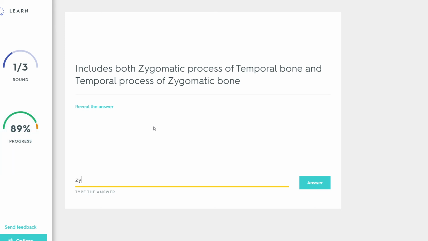Oh, this is the zygomatic arch. Oh, the zygomatic arch is the in-between. That's why it was that big rectangle that was here before.